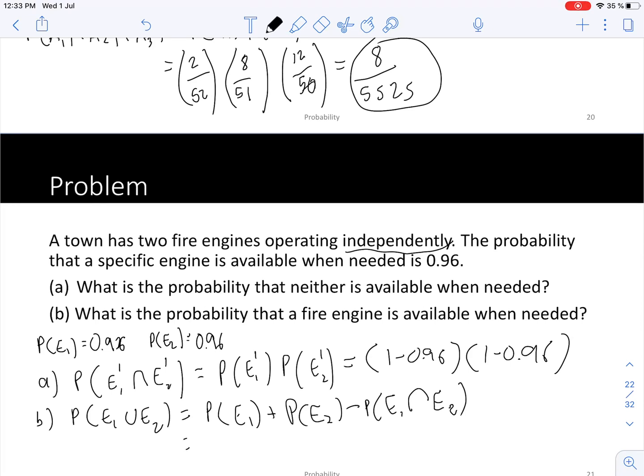So you just plug in the values. So this is 0.96 plus 0.96 minus the multiplication. This is 0.96 times 0.96 or 0.96 square. Therefore, you get the probability that at least one engine will be working. That will be 0.9984, and that will be the solution.